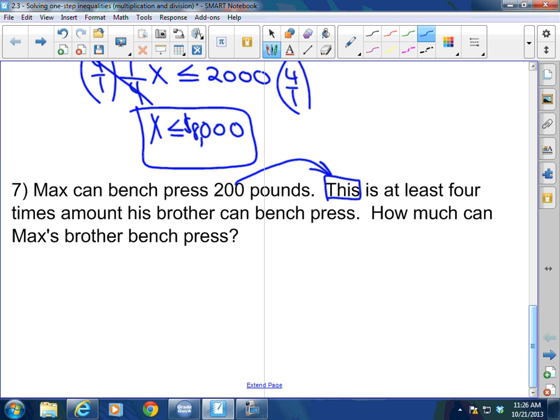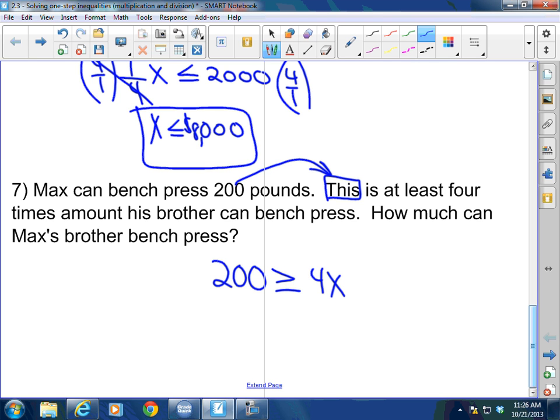Think about the sentence. Max can bench press 200 pounds. This is at least this. What is the this? 200 pounds. So this is at least. What does is at least mean? Greater than or equal to 4 times the amount his brother can bench. 4x. Does that make sense, guys?